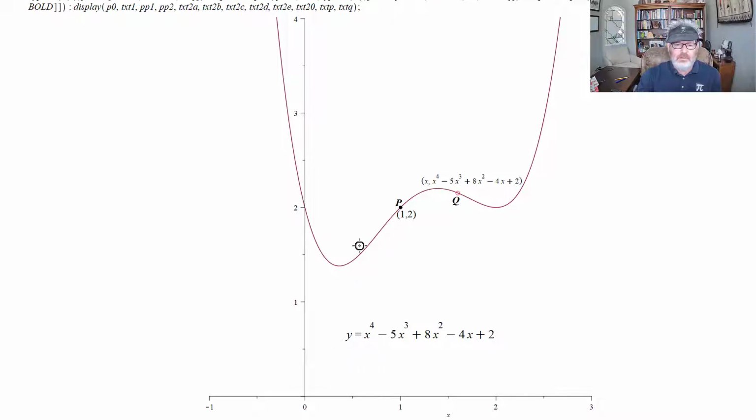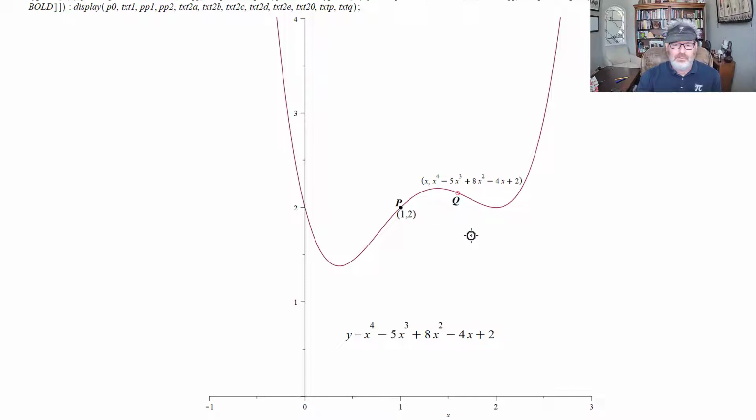So here's the function. I've got the point (1, 2), which will be fixed, and I'll call that point P. Then I've got other points on the curve, and I'll call those points Q. For any x, the y value would be given by the rule of the function. So I just rewrote the rule there.